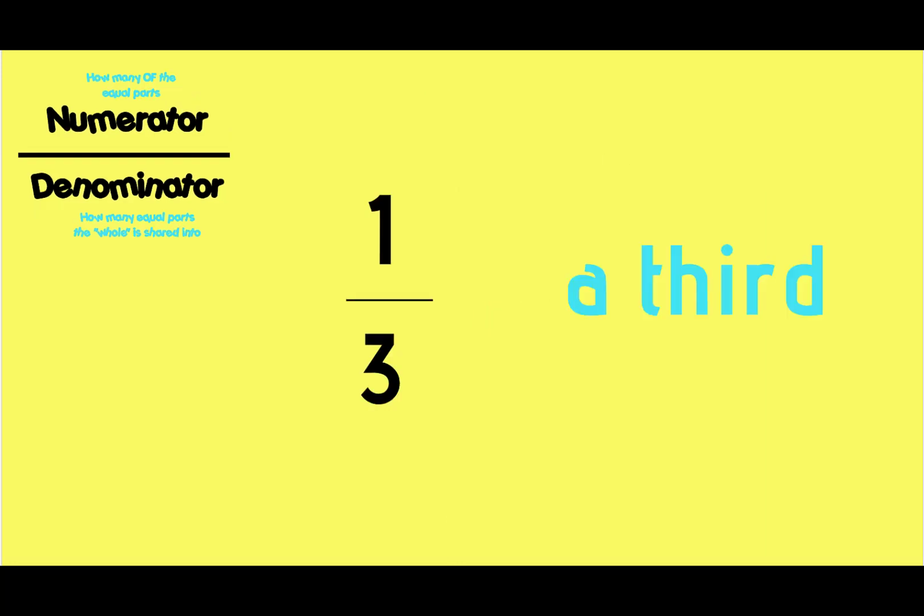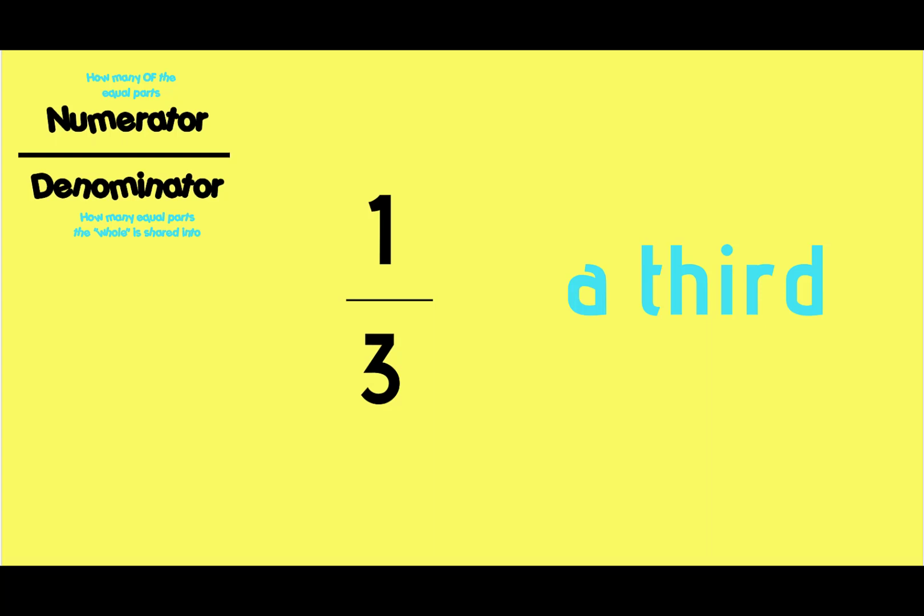So this fraction is a third. It can be complicated with fractions sometimes because the denominator, we say it in different ways. A 2 is a half, a 3 is a third, but a 2 isn't a second and a 4 isn't a fourth. So we have to remember lots of our vocabulary for fractions because they don't all follow the same rule.